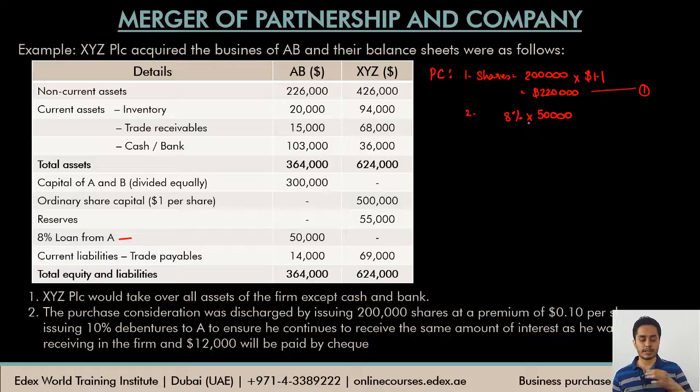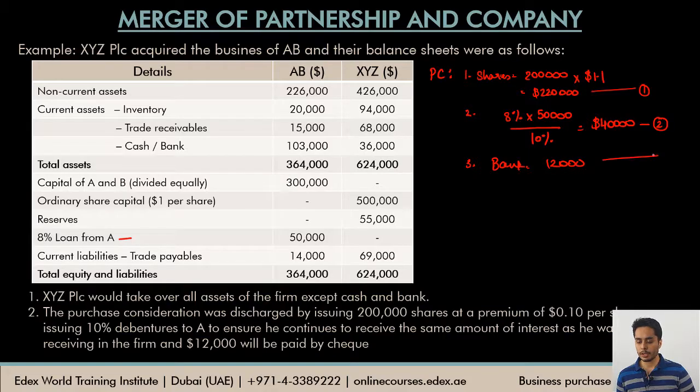If this interest has to be maintained with debentures carrying an interest rate of 10%, what would be the value of the debentures that will have to be issued? We will arrive at 40,000. So the formula is to calculate the value of the interest that the partner was receiving and divide it by the rate of interest of the new debentures to arrive at the value of the debentures that will have to be issued.